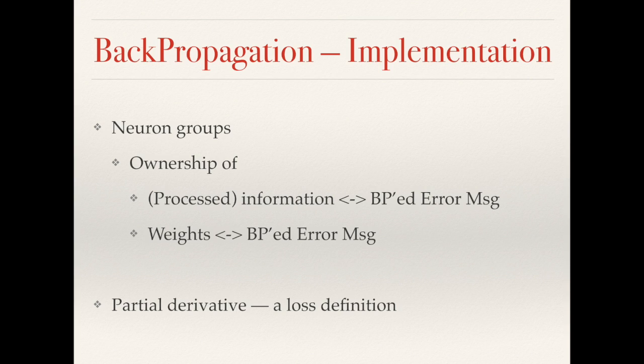This desired change becomes the error signal of the second last layer of neurons. Then we do the same calculation and backpropagate the error signal for the second last layer to the third last layer, and so on and so forth, until we reach the input and the very first layer of the neural network.